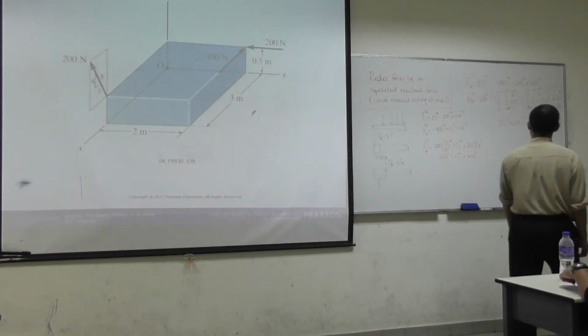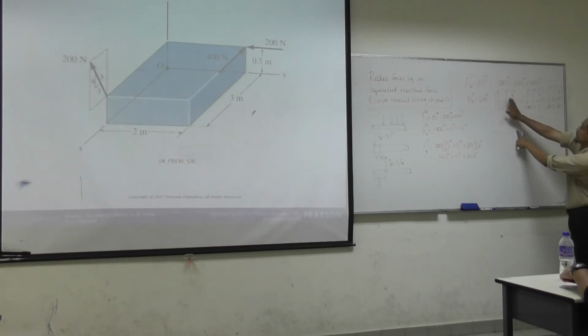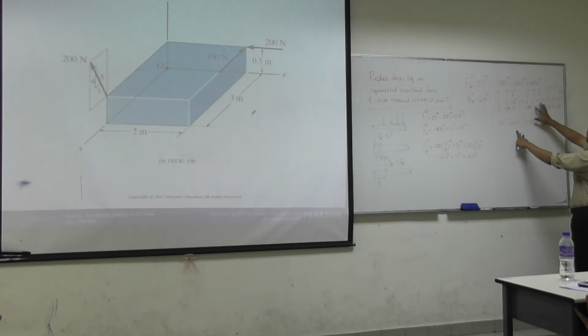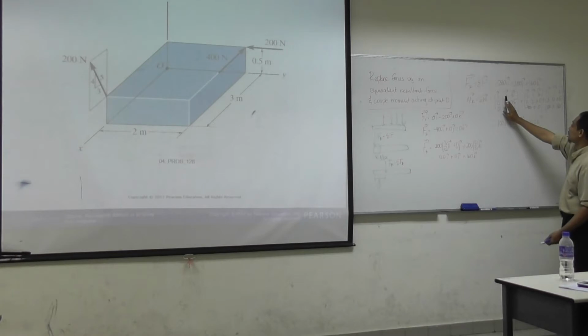So I think we will do the same. For this one is correct. This one is 0, right? This one becomes, it should be plus 200. And then this is 60. For the J component, this is 0, right?